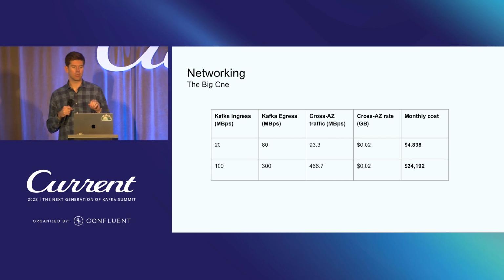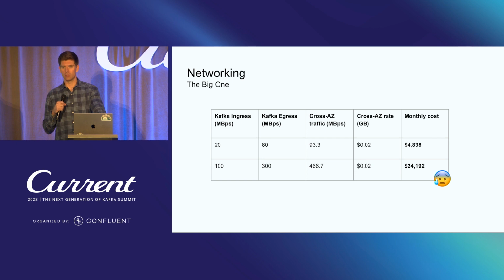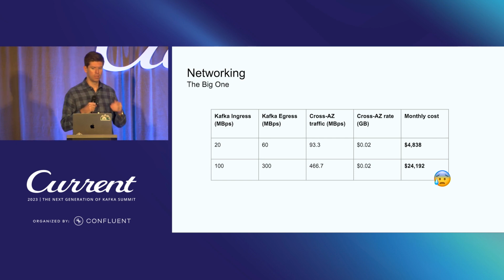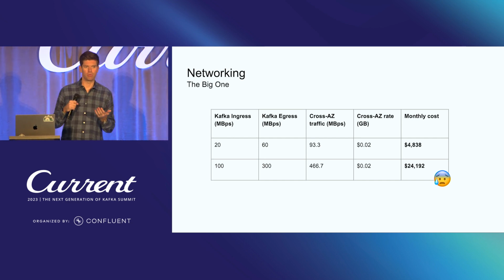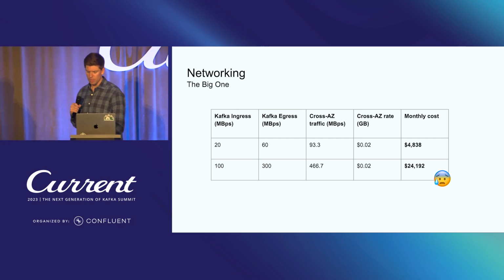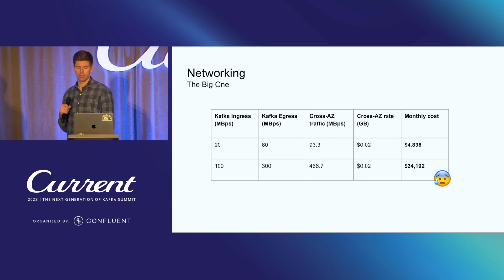So in this case, you can see that the networking costs, as we scale up that workload, grow exponentially. You only 5x'd, but you pretty much 5x'd and a little bit more on your networking costs.